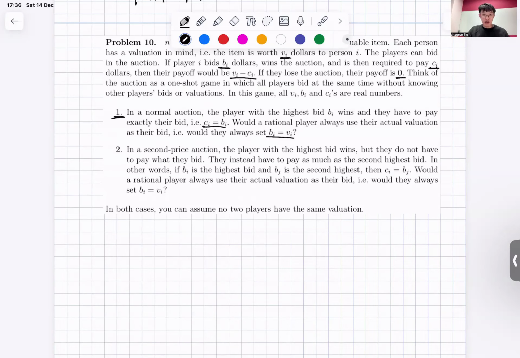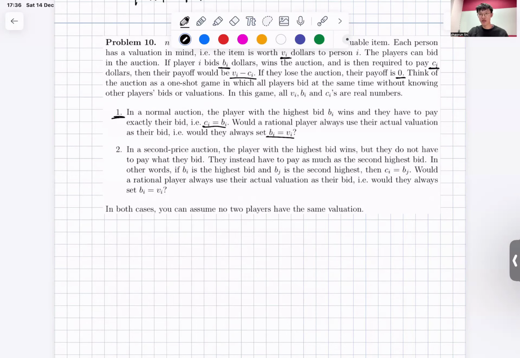But suppose I'm a bidder that's not the highest bidder. If I increase my bid to be larger than my actual valuation Vi, then my profits will decrease.